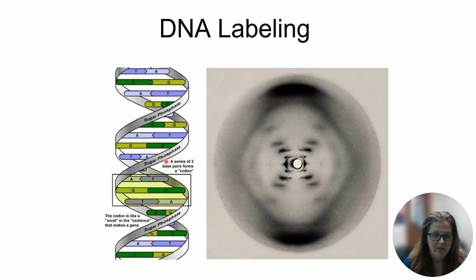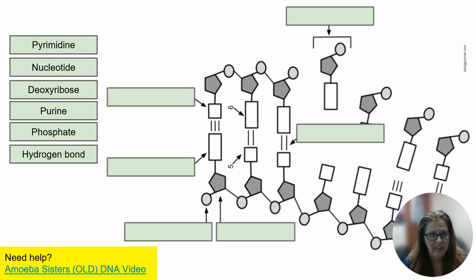You can see some of the stuff labeled over here: the sugar phosphate backbone, where it's alternating sugar and phosphate groups, and your nitrogen bases in the center, where adenine and thymine go together, and guanine and cytosine match together. So let's get into this part.